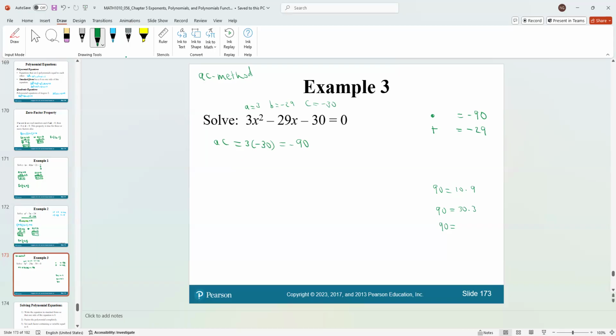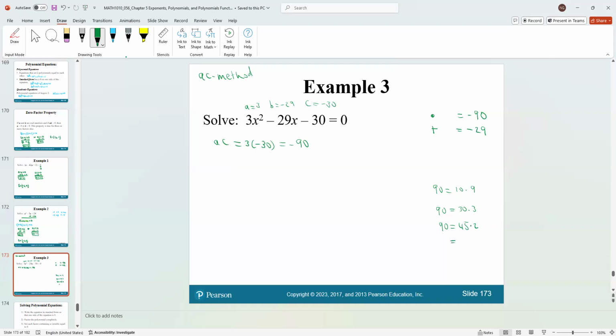Now, again, we need two numbers that when you multiply give you negative 90, and when you add give you negative 29. One of them must be positive, the other one must be negative. So if we do 6 times what? 3 times 30 gives you 90. 45 times 2 gives you 90, right?